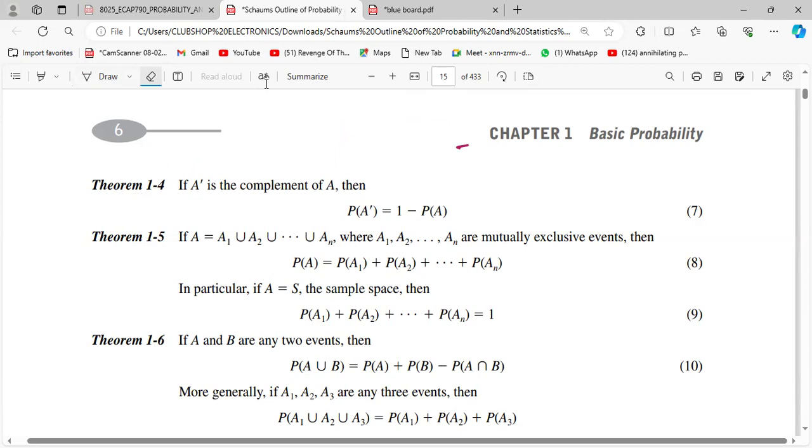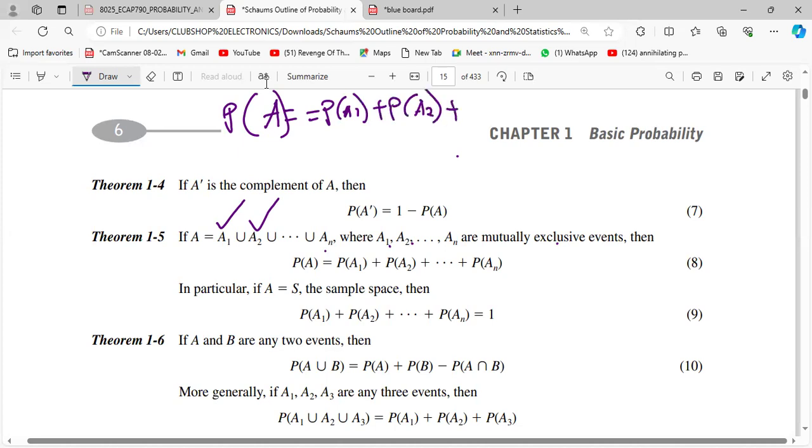What is theorem 5? If A is equal to A1 union A2 up to AN, where A1, A2 up to AN are mutually exclusive, it means we can obtain probability of A by just adding probability of A1 plus probability of A2 plus so on and so forth, probability of AN.